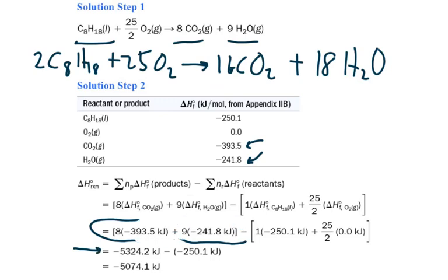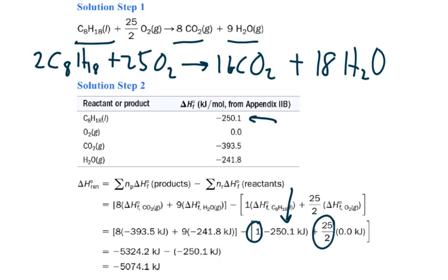Then they also did the same thing with the reactants. The reactants are octane, and here is the value. As you can see, the value of octane is negative 250.1, which is right over here, times 1. And then they used 25 over 2, which is really 12.5, times 0.